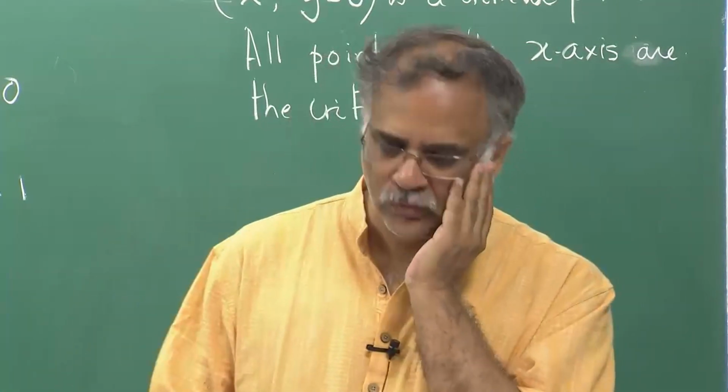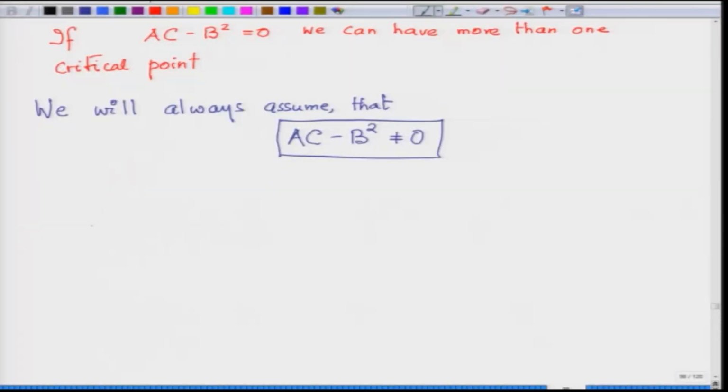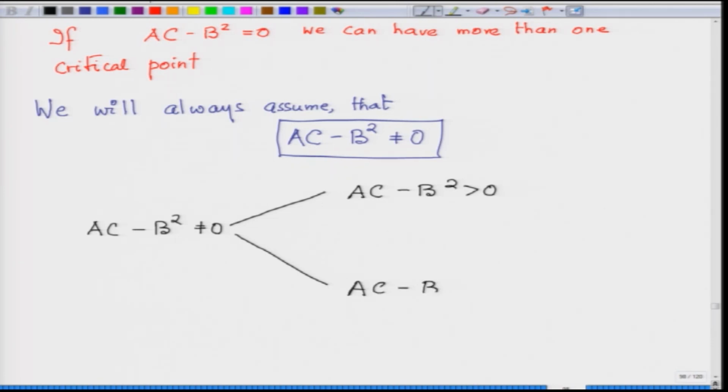Now, when you have this condition that AC minus B square is not equal to 0, it implies two situations: either AC minus B square is strictly greater than 0 or AC minus B square is strictly less than 0. We will deal with these two situations separately.